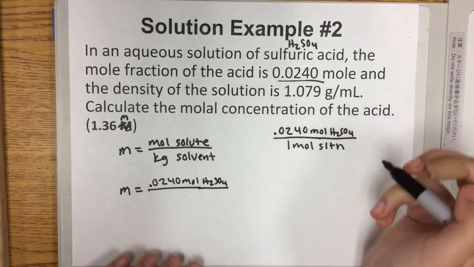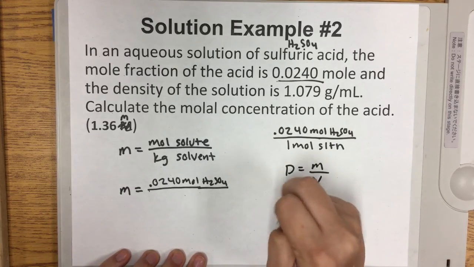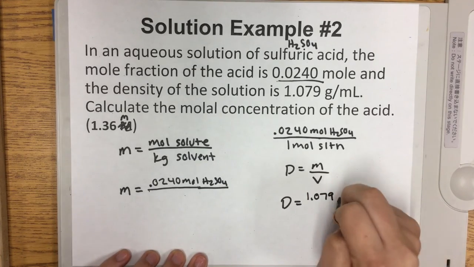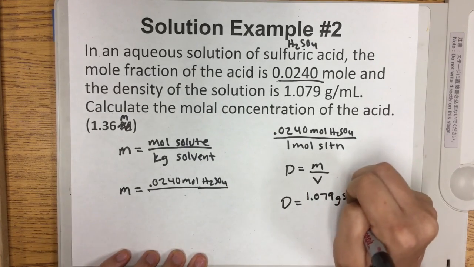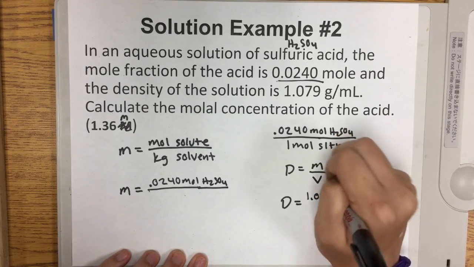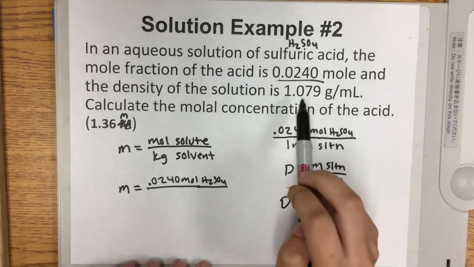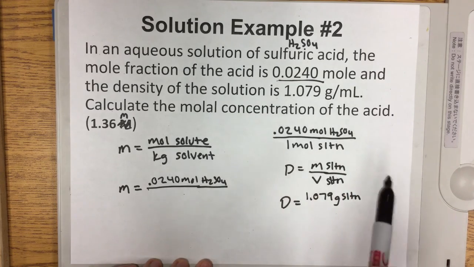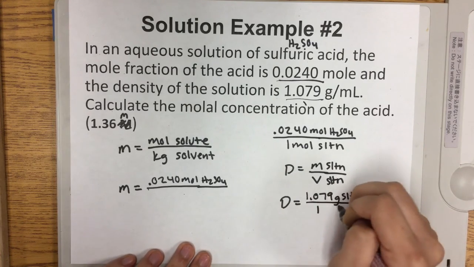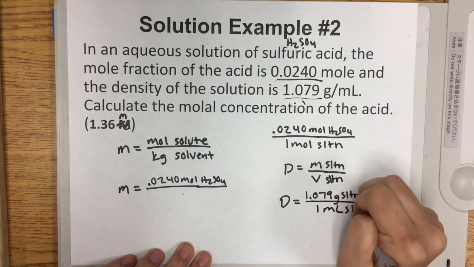And then now we still need the kilograms of solvent. So let's take a look at our density. From before, we know the density equals mass over volume. So in this case, our density is 1.079 grams, and keep in mind, this is of solution, per 1 milliliter of solution as well.